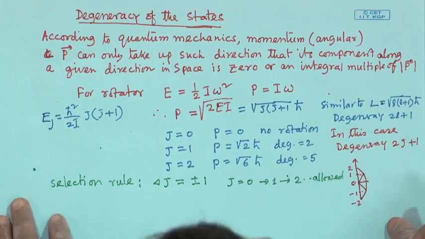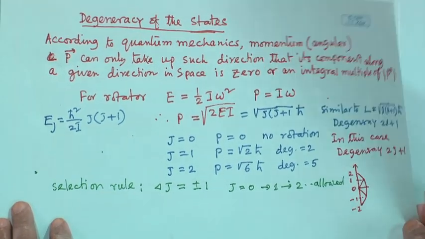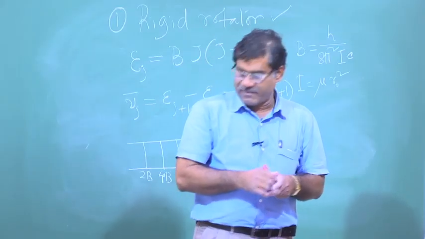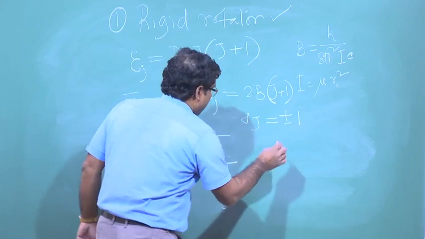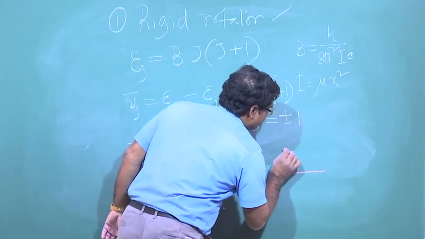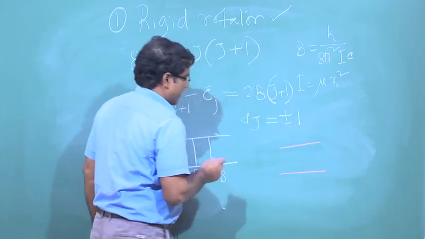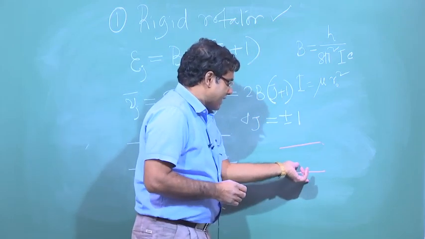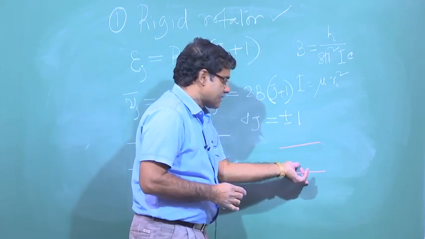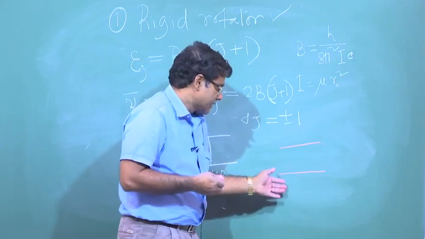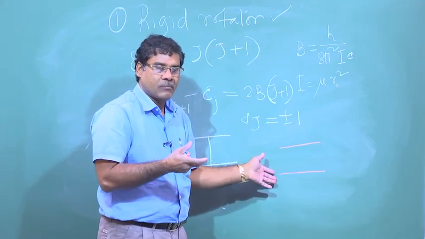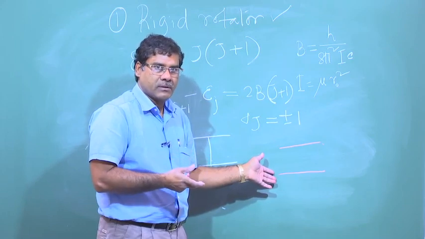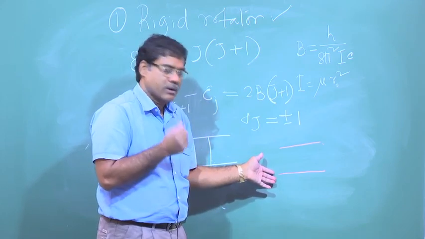So now, what is the meaning of degeneracy? It means I have energy levels, and each energy level means a state of the rotating molecules, an energy state of the rotating molecules.